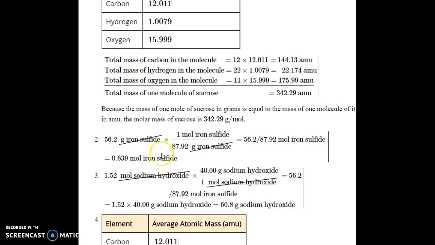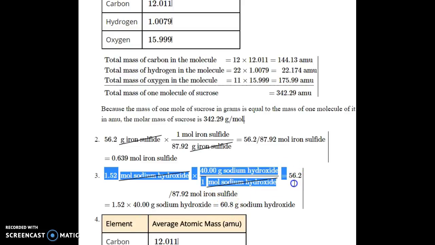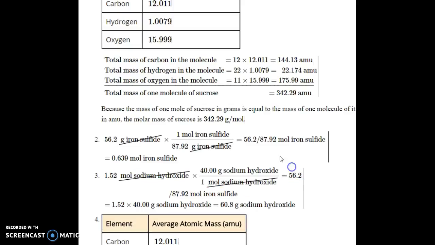And problem number 3. We're starting with moles, so that means moles goes on the bottom of your second fraction. 1 mole of sodium hydroxide is the same as 40 grams. Okay, your answer is actually 60.8. I'm not sure what happened here, but this 56.2 copied from up here, and that divided by 87.9, so ignore that.